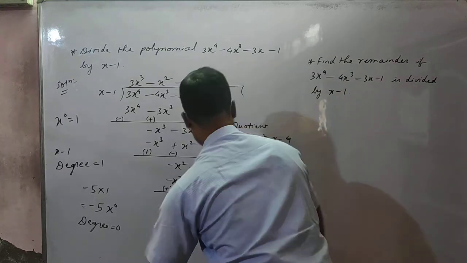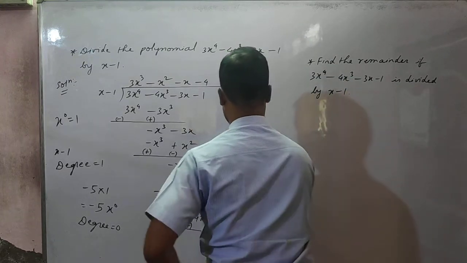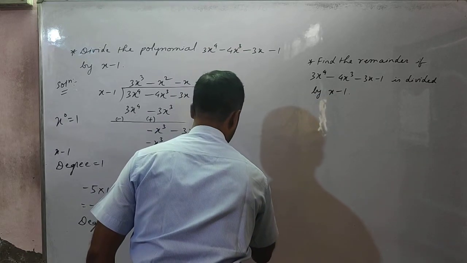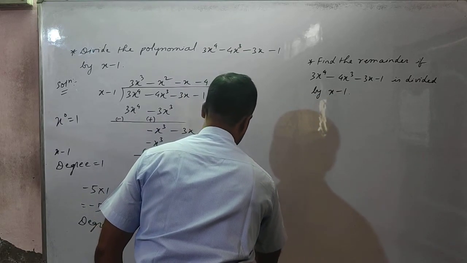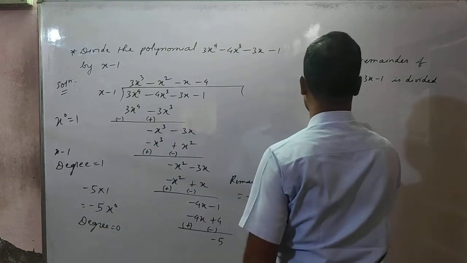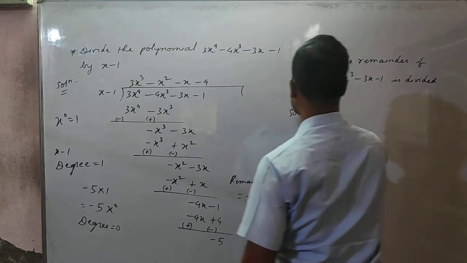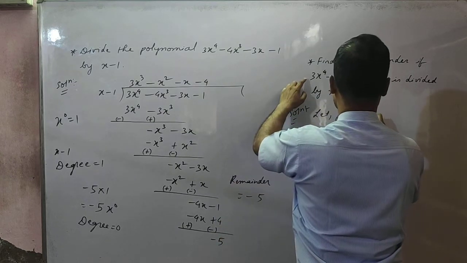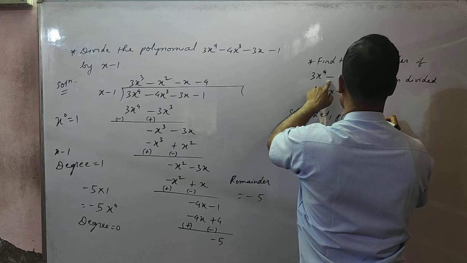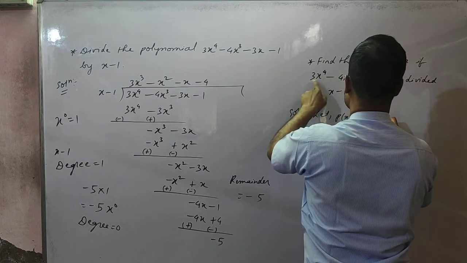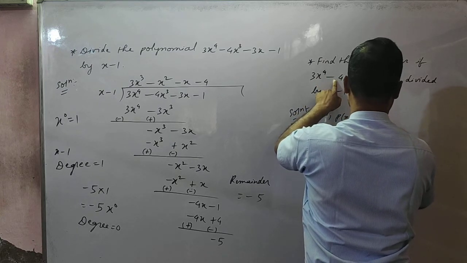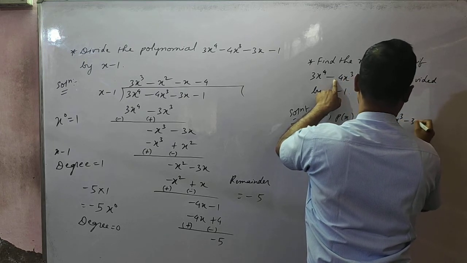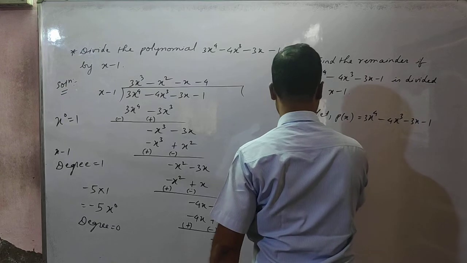Okay, so remember what the remainder was here. Now you see, students, let px equal to 3x to the power 4 minus 4x cube minus 3x minus 1.